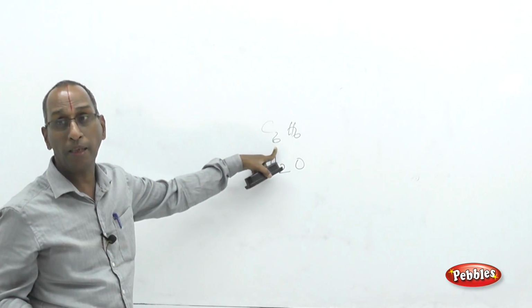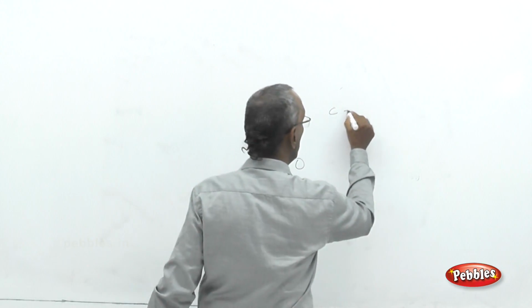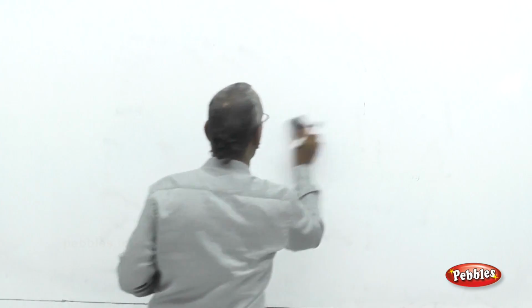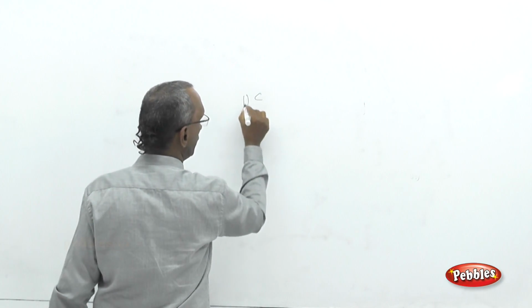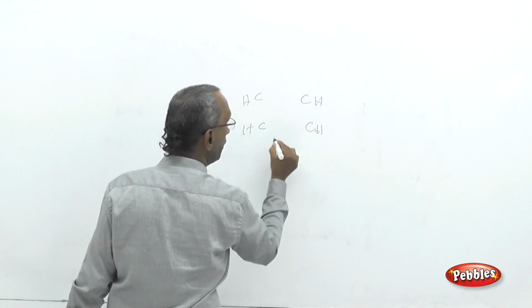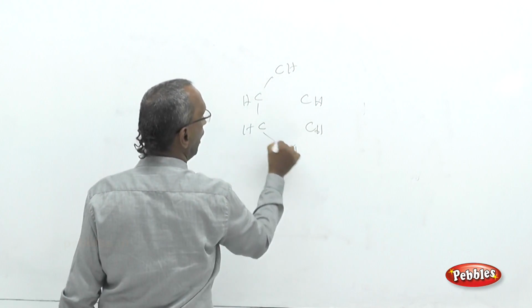Here 12 atoms are there, but it is non-polar, because there are 6 carbons, and the structure of benzene has alternate double bonds, CH, CH, CH, like this. Alternate double bonds mean there is a better interaction between the carbon atoms.